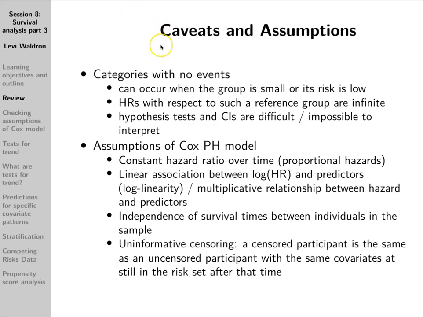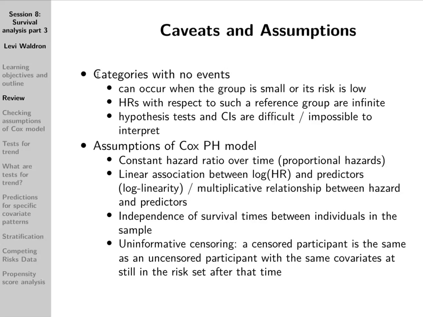All right, some caveats and assumptions, and this first one is really just a caveat to watch out for. If you have a categorical covariate, and you have a category with no events, especially if that group is smaller, its risk is low, then if that is the reference group, other hazard ratios will be infinite, and you won't have confidence intervals for them.